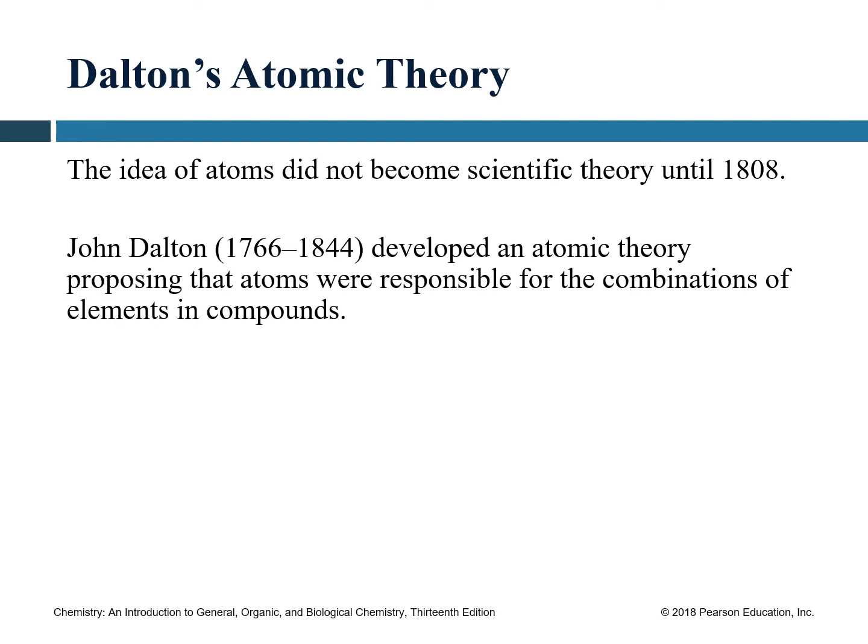So the first theory that was given regarding the atom was given by Dalton. It's called Dalton's atomic theory. So, what did Dalton tell us? He developed an atomic theory, and he proposed that atoms are basically responsible for the combination of elements and compounds. So, an atom is anything that will basically compose elements.